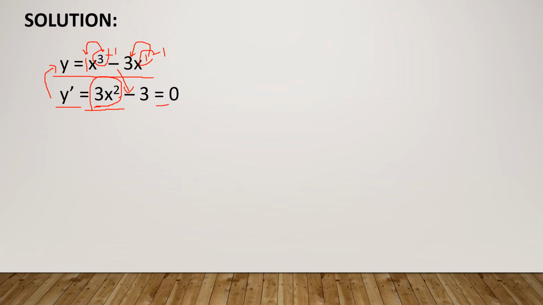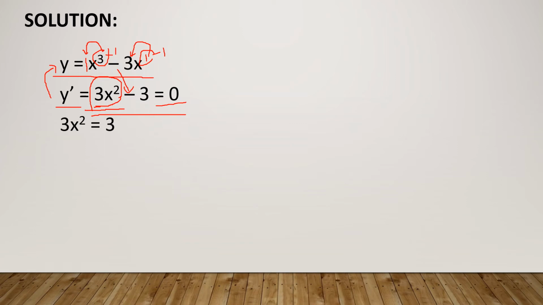Then we always assume that your y prime, or your first derivative, is equal to 0. For us to get the value of x, we use this portion: 3x squared minus 3 is equal to 0.